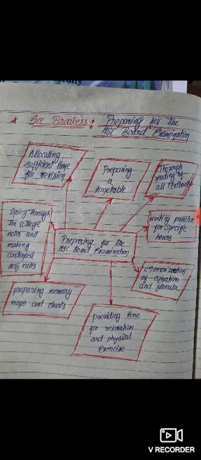So this is the mind map. The main basic idea is preparing for the HSC board examination. And now I have divided it into sub branches related to that main idea.